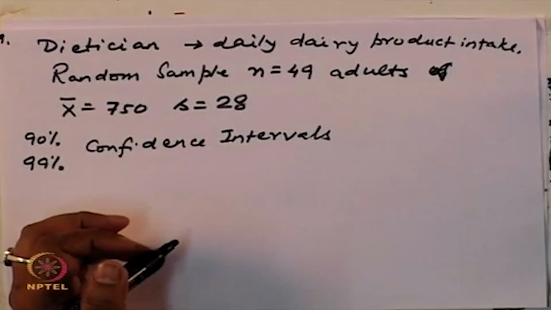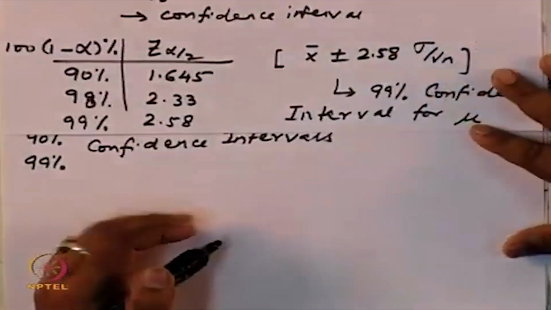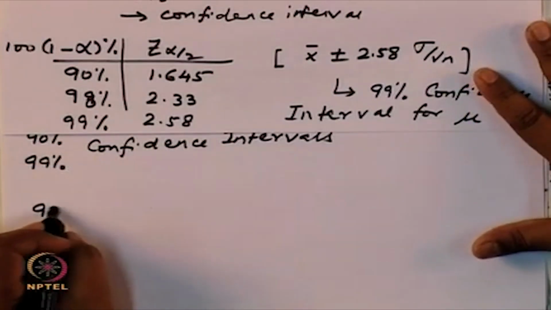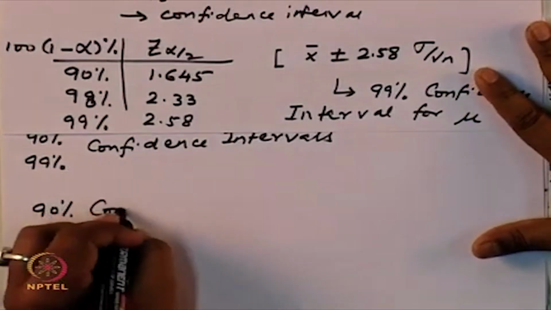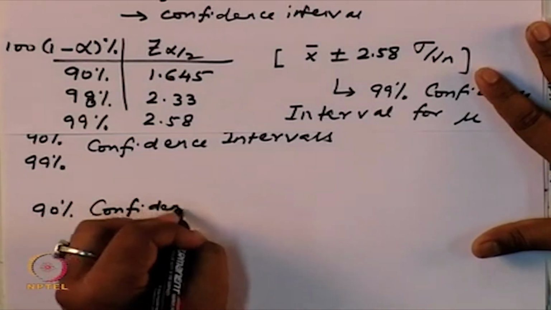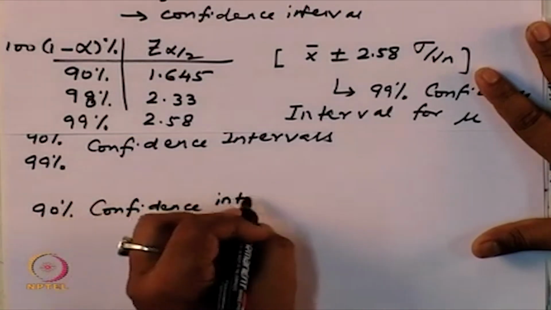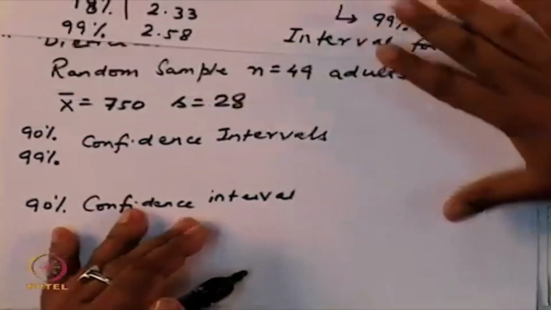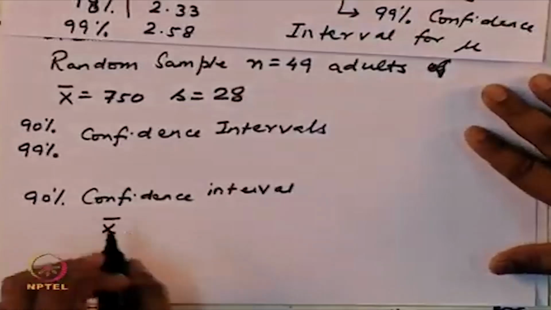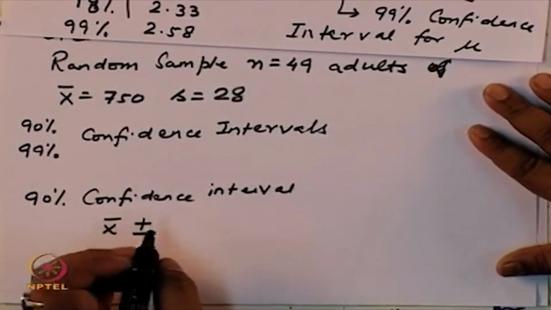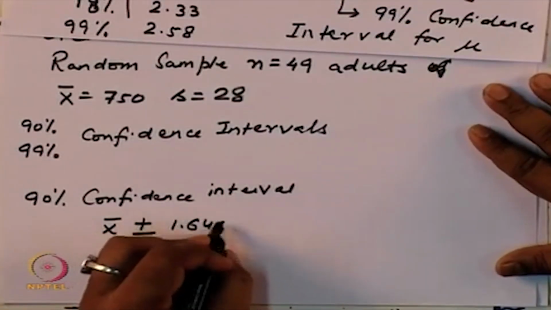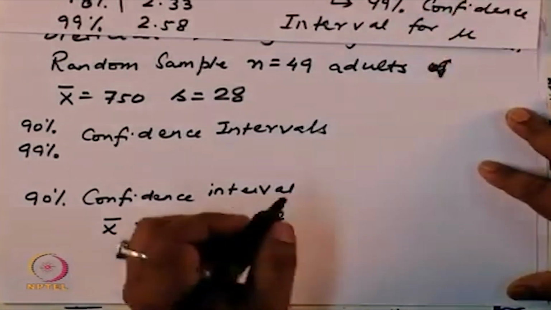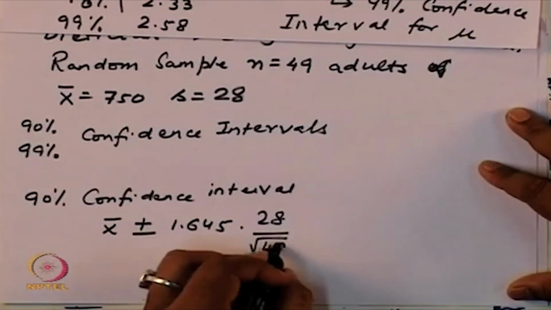Okay. So, as per this calculation, the 90% confidence interval will be x bar plus minus 1.645 into s, which is 28, divided by root of n, which is root of 49.